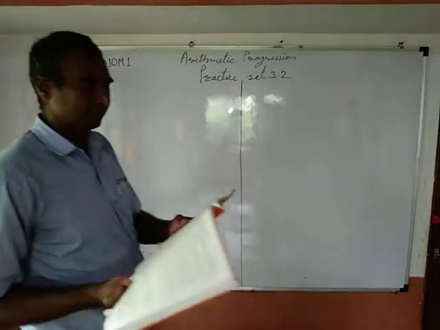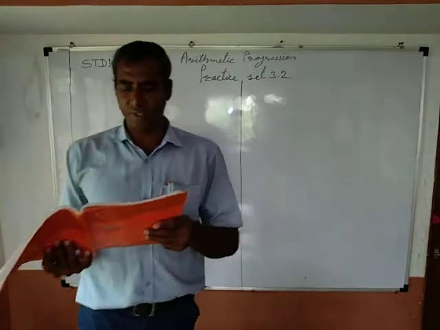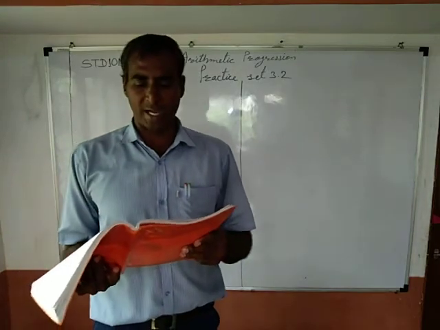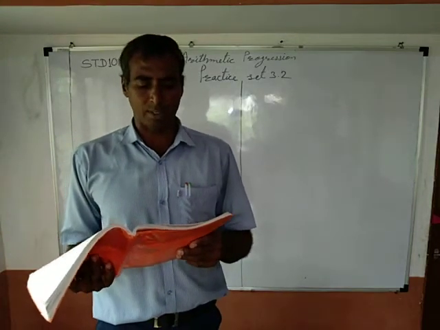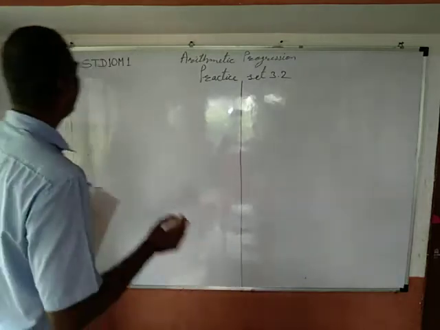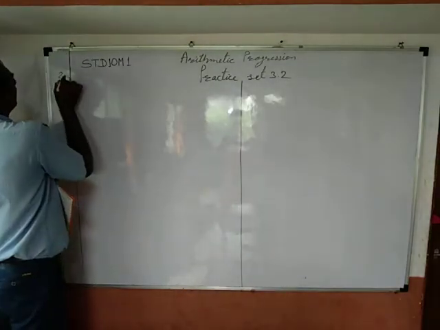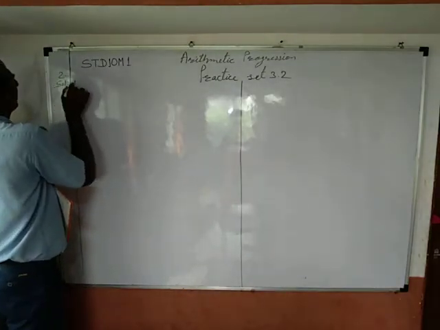Question second. Decide whether the following sequence is an AP. If so, find the 20th term of the progression. Okay. Question second. Solution.